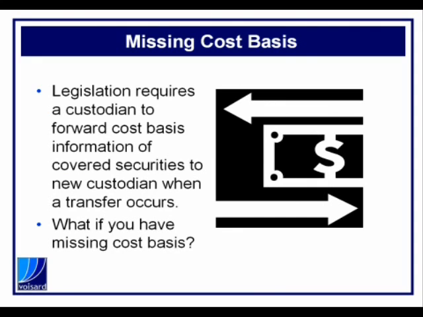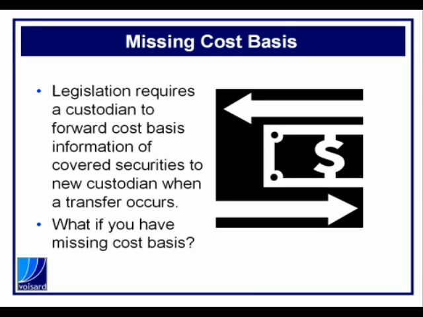Now, over the years, especially if you've had securities that have been held for a long time, you may ultimately not know what the cost basis is. In the legislation, it requires the custodian to transfer information on covered securities to a new custodian when a transfer occurs.